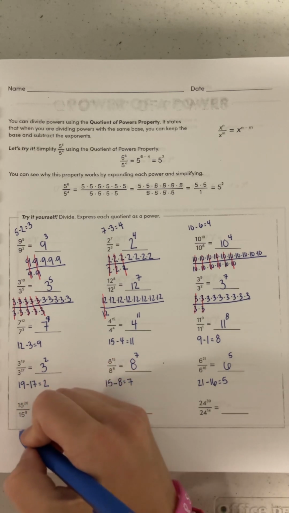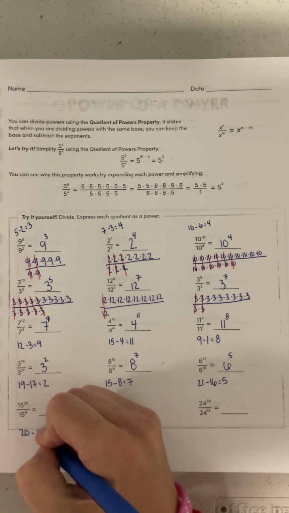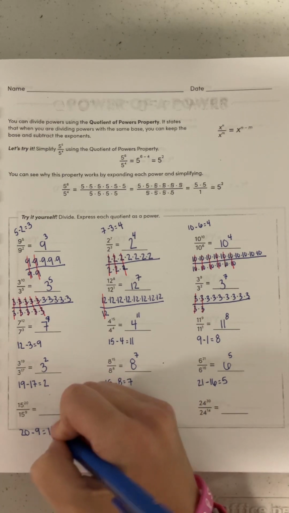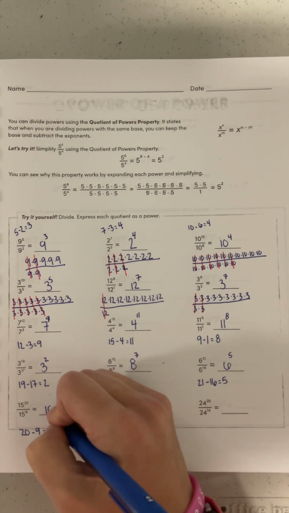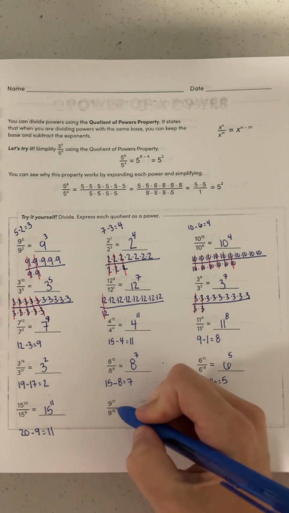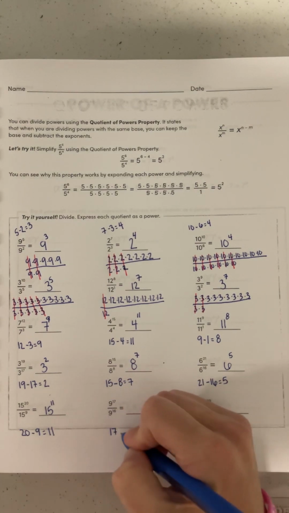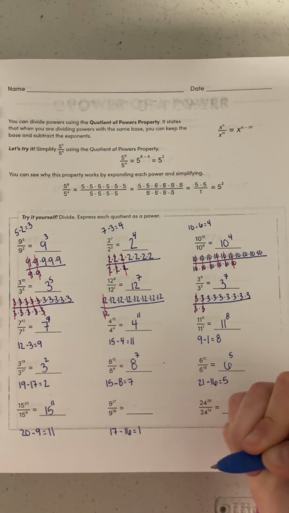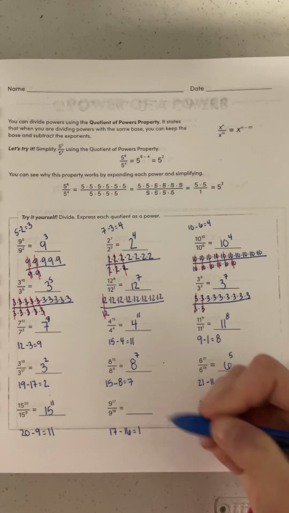Along the bottom row, 20 is our numerator exponent, 9 is our denominator exponent, subtracting those to get 11. 15 is still our base number, with 11 being our new exponent. 17 is our numerator exponent, 16 is our denominator exponent, which gives us a subtraction of 1.